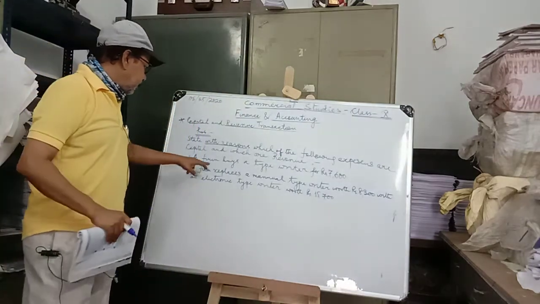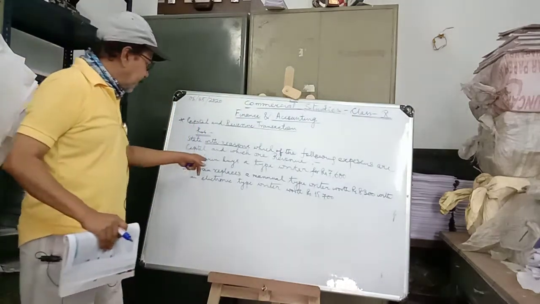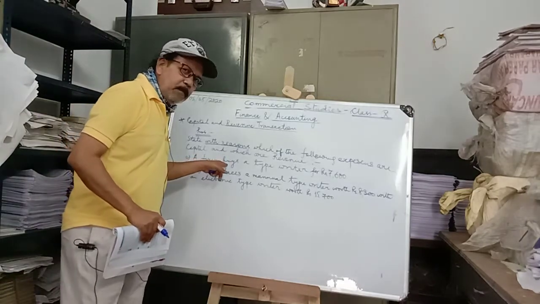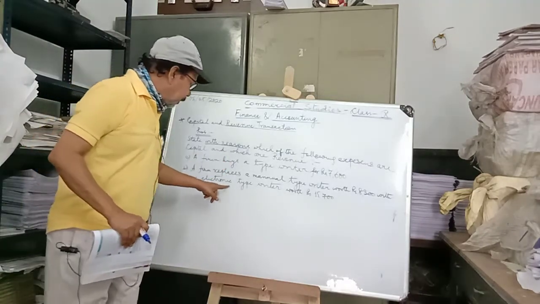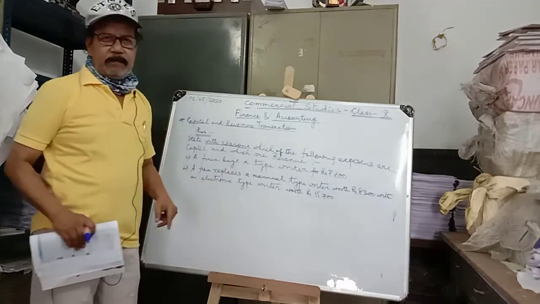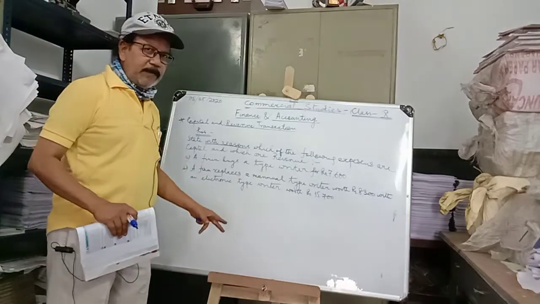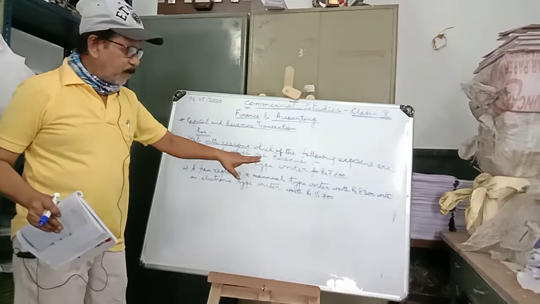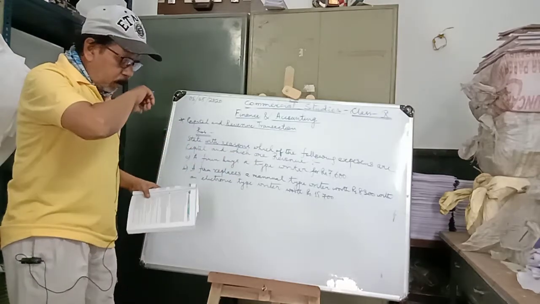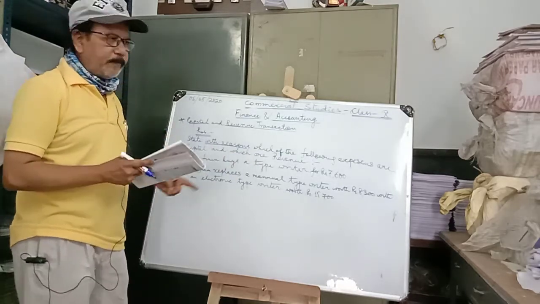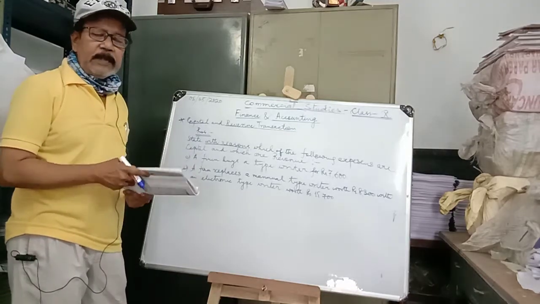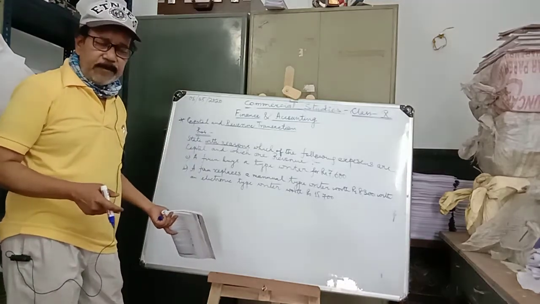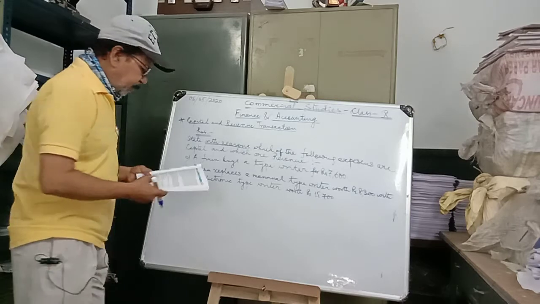See, these are almost the same, but here buying has occurred, here replacement has occurred. A manual typewriter is being replaced with an electronic typewriter. The value is different. We have to ascertain whether it is a revenue transaction or a capital transaction.